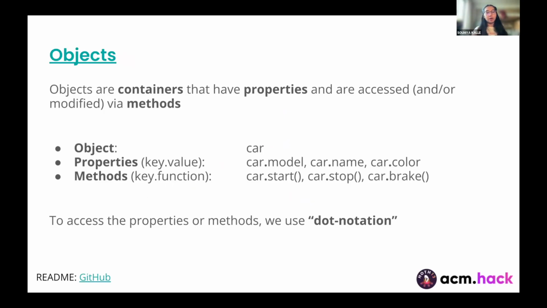Say you have an object, car. You can do car.model or car.name, car.color. Those are the properties of the car. But methods, that's going to be your car.function, whatever the function is, that actually does something. So you have car.start, that's going to start your car, car.brake, do your brake. And we're using dot notation for all this.